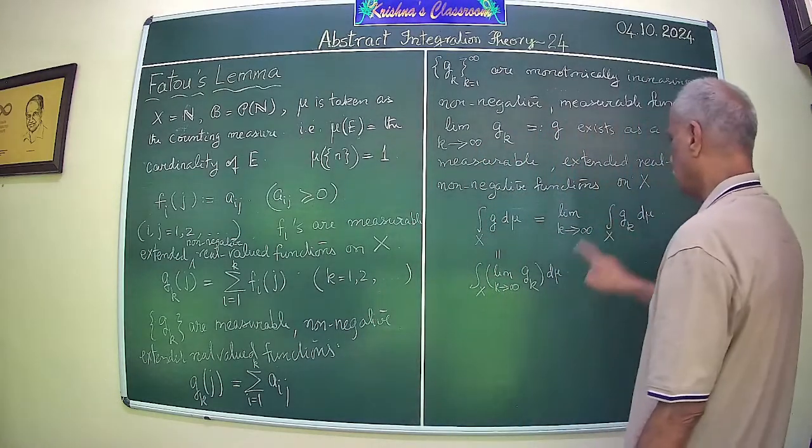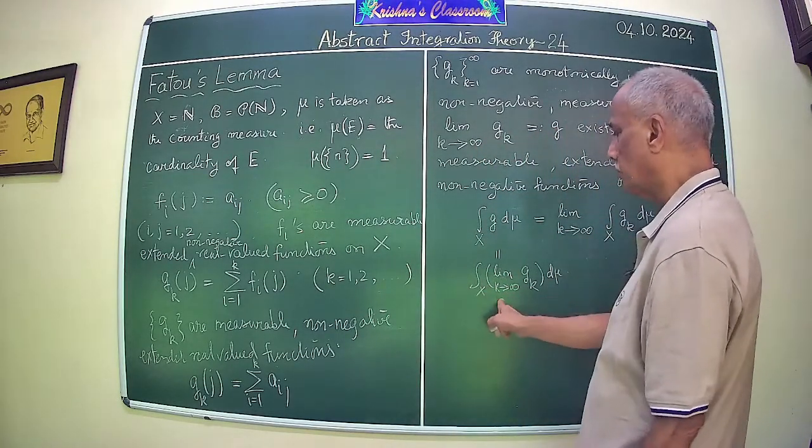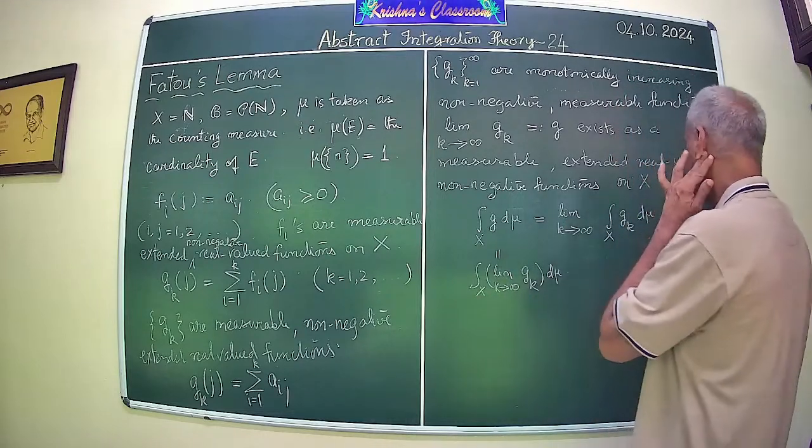So this is equal to this. That means the integration operation and the sum and the limiting process commute.